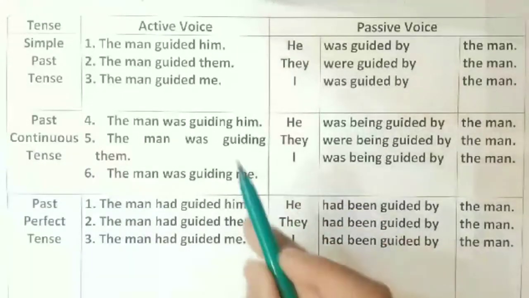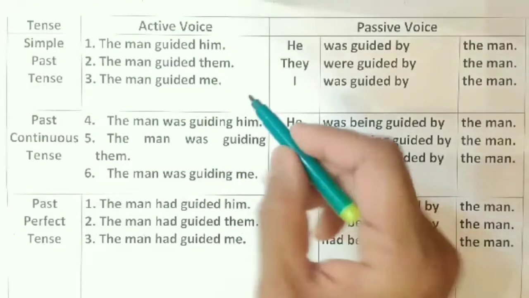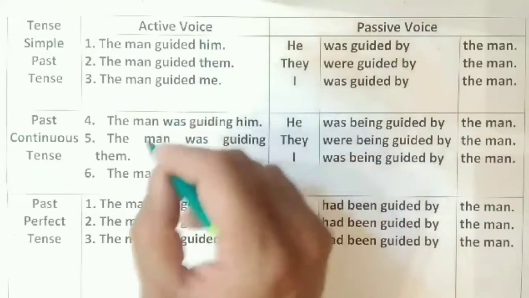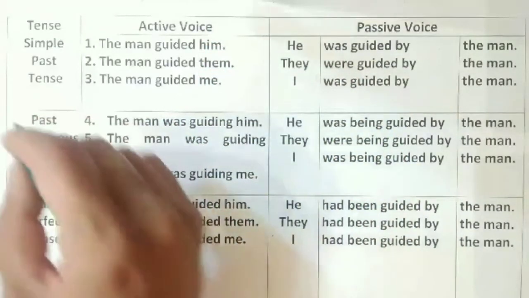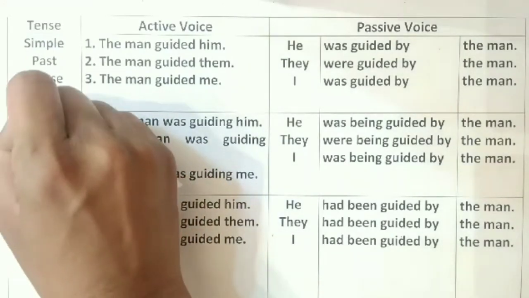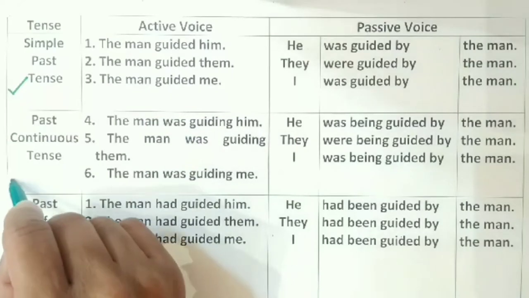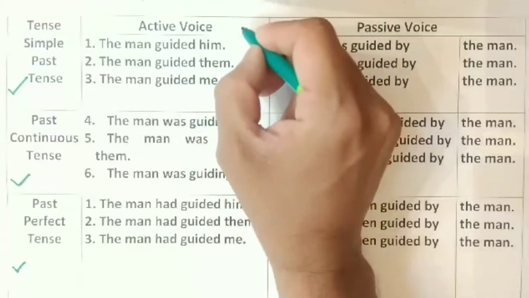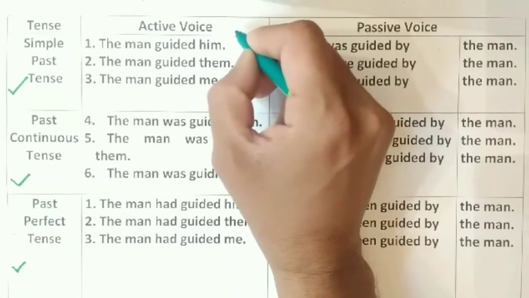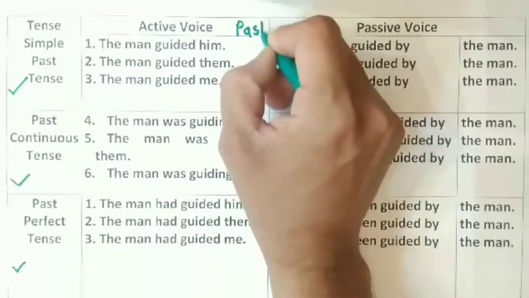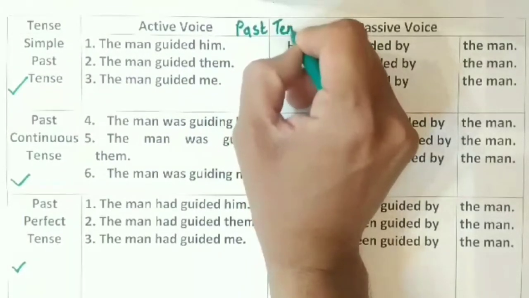Students, let us look at this table or chart. This chart has the sentences from 3 subtypes of the past tense. These subtypes are simple past tense, past continuous tense and past perfect tense. Now we are discussing the three subtypes of the past tense.